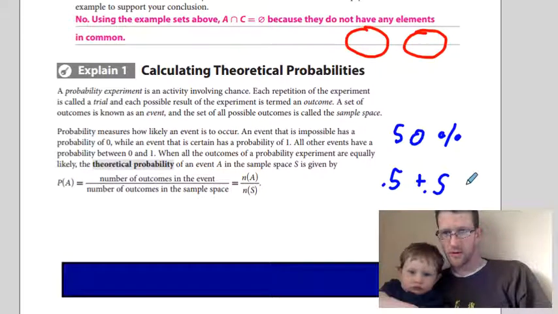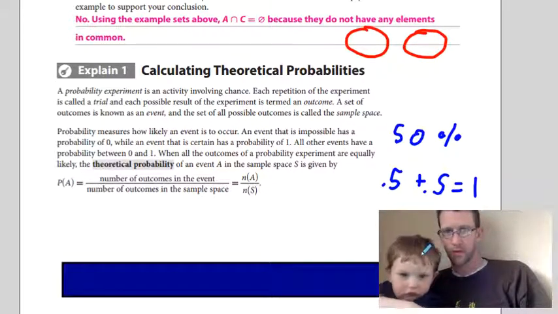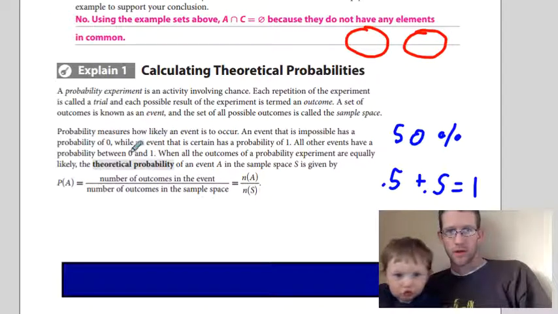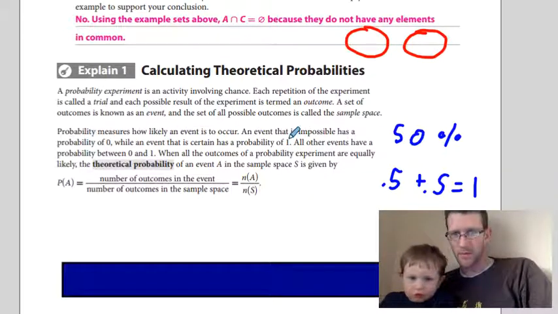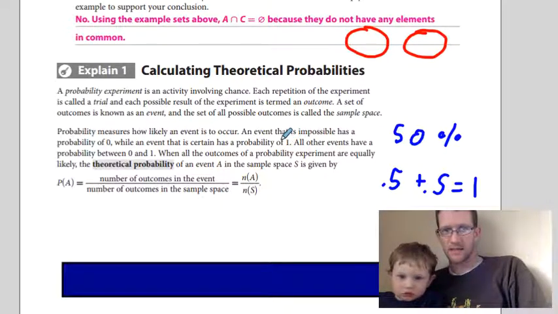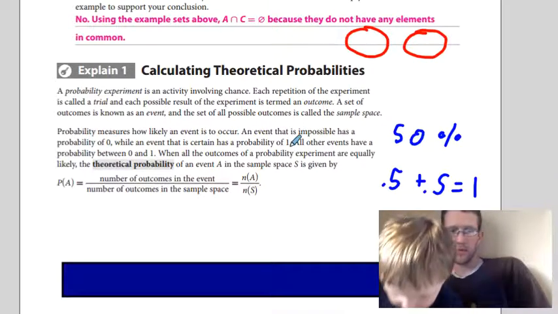When you add them together, you get 1, right? So therefore, if something is totally impossible, it has a probability of 0. Well, if something is 100% certain, then it has a probability of 1. So all our probabilities we can list as a decimal between 0 and 1, inclusive.